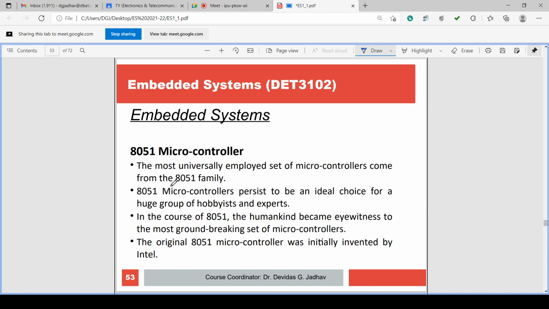Now we have seen the 8051 family. The 8051 family is very famous, used by many applications and many users, and it is groundbreaking. After this microcontroller, a lot of fast microcontrollers and systems were introduced.